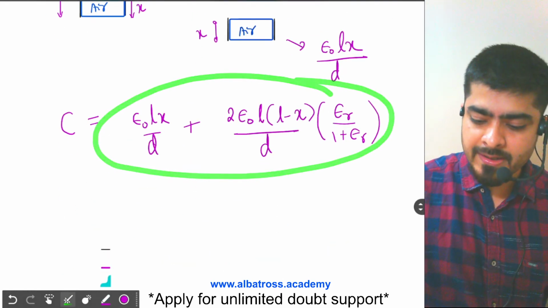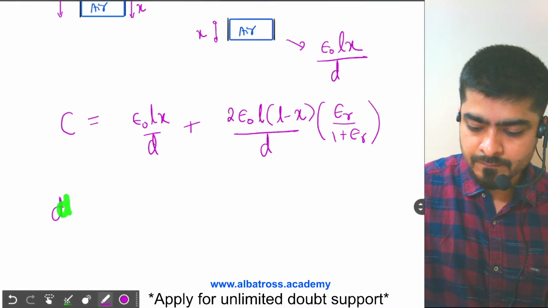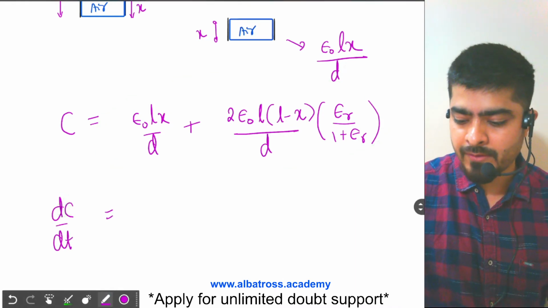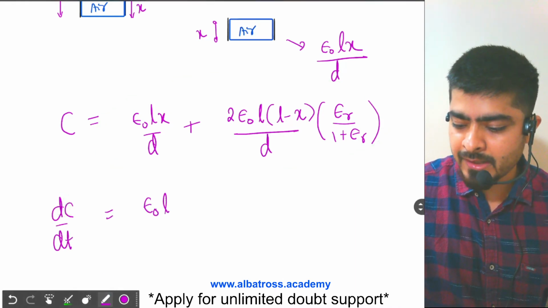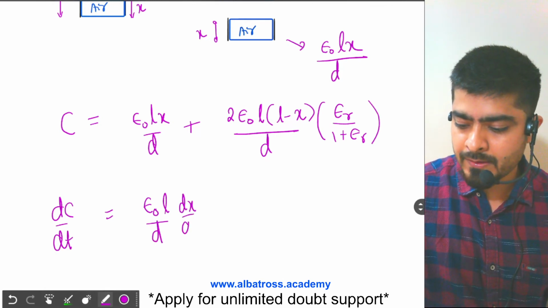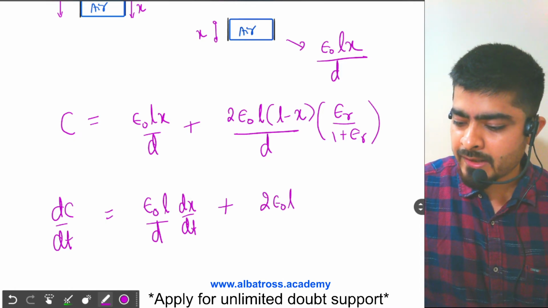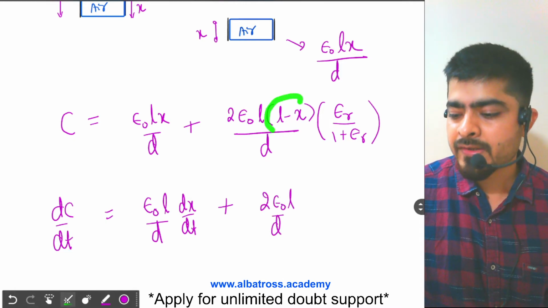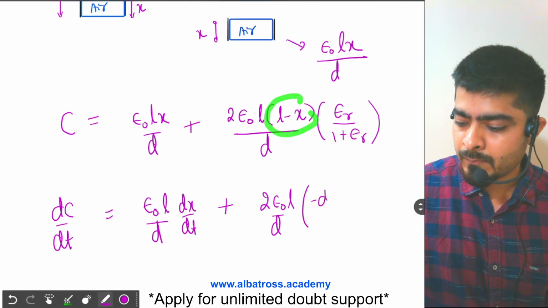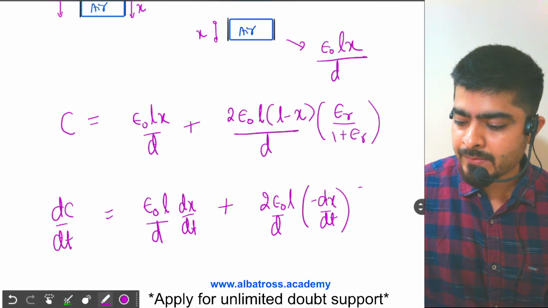Now what will be dC by dt? When you differentiate this, you will get epsilon naught L by d times dx by dt plus 2 epsilon naught L by d, and differentiation of L minus x will be minus dx by dt, times epsilon r by 1 plus epsilon r.